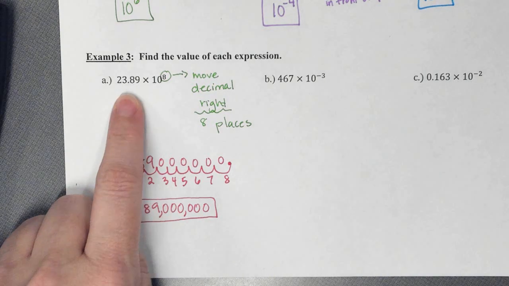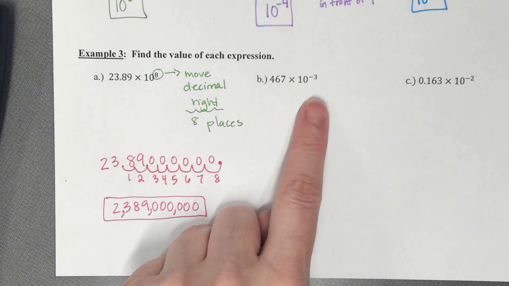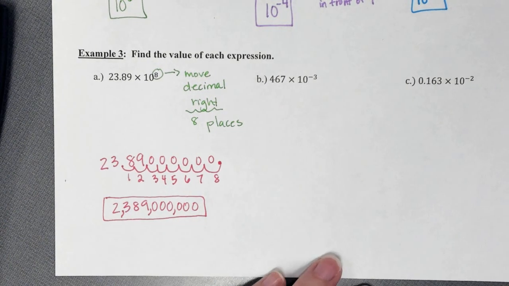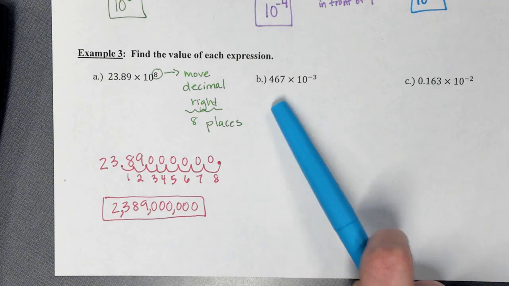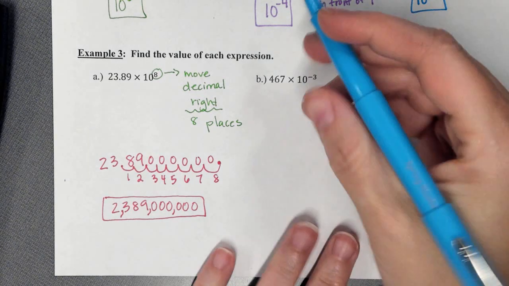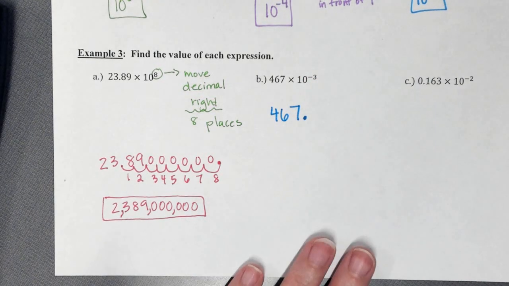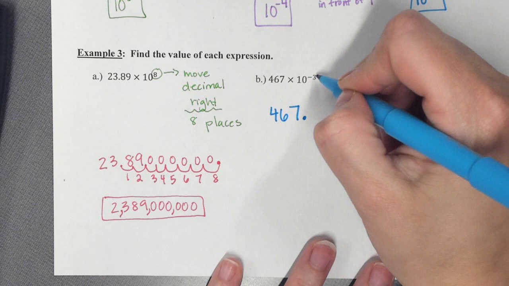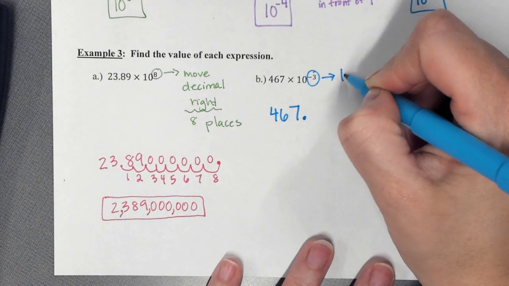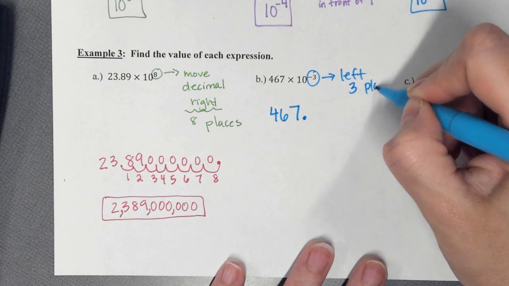All right, now this one had the decimal in it. This one, you can't see a decimal. Do you know where the decimal goes if you don't see it on the number? Yep, in the back of it. So if it's 467, the decimal goes right here. And the -3 means you're going to go to the left, 3 places.